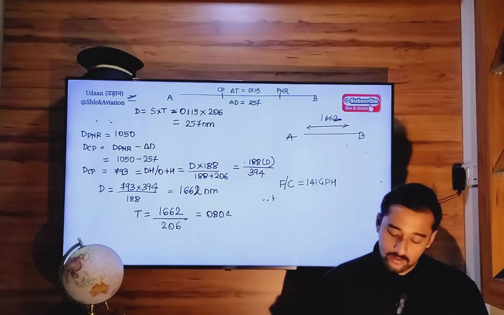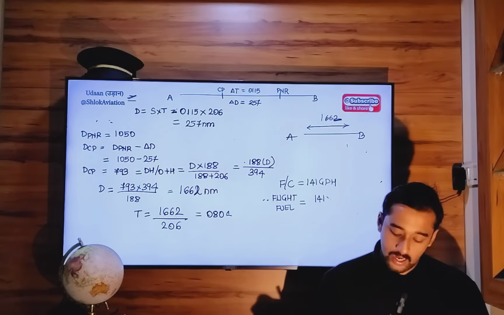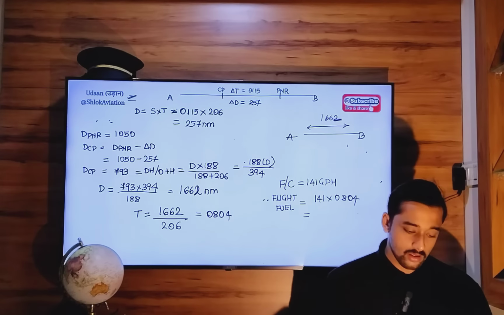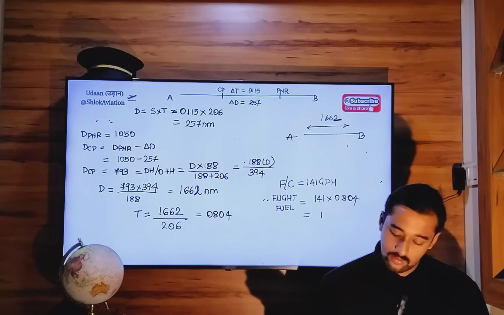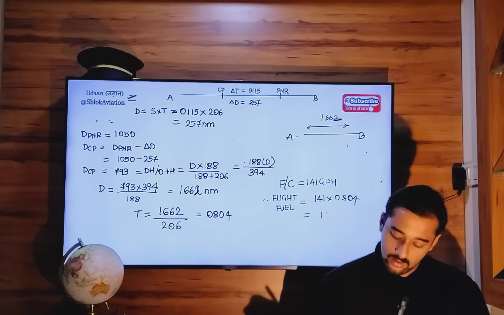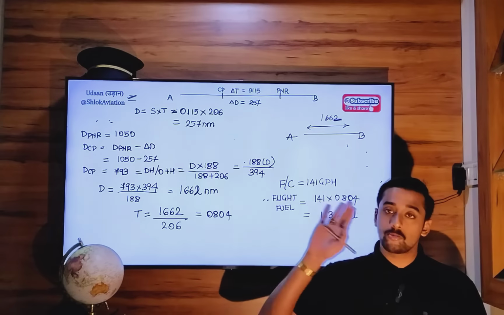So flight fuel from A to B will be 141 gallons per hour into 8 hours 4 minutes, 1137 gallons. This is the fuel required to go from A to B.